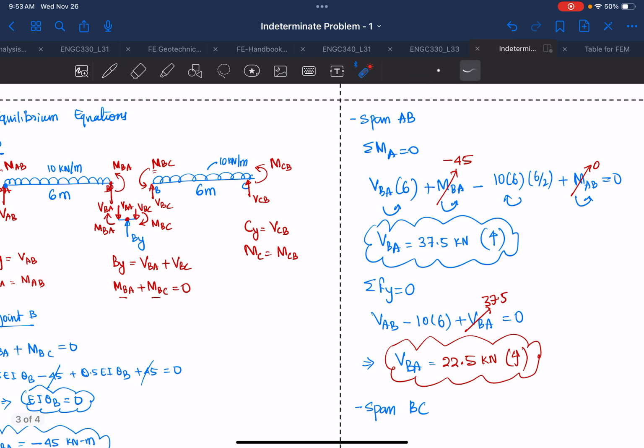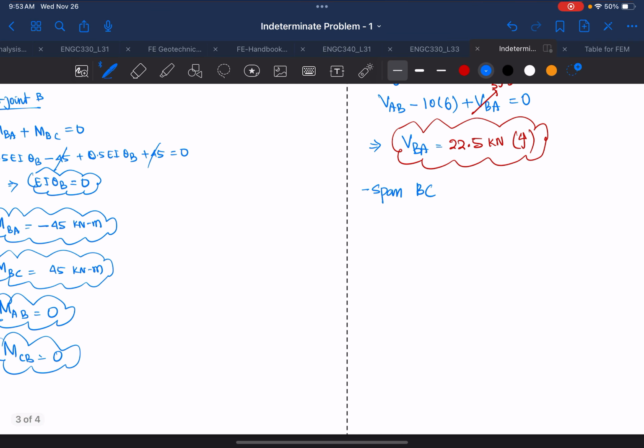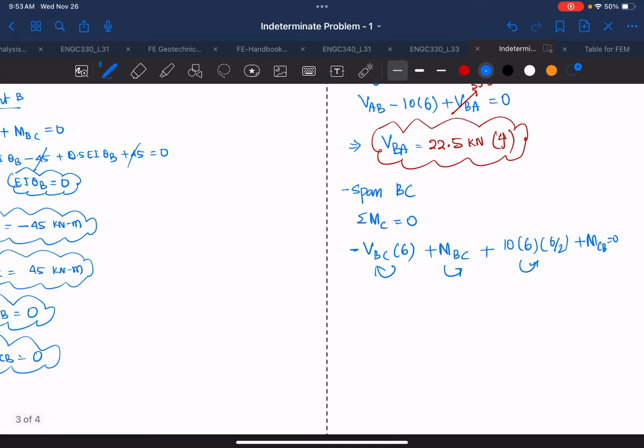and now we are fixing on this span BC, and we are going to take the summation of moments at C equal to 0, so we'll have minus VBC into 6, again this is clockwise, plus MBC, which is counterclockwise, plus 10 into 6 into 6 over 2, which again is counterclockwise, plus MCB equal to 0.